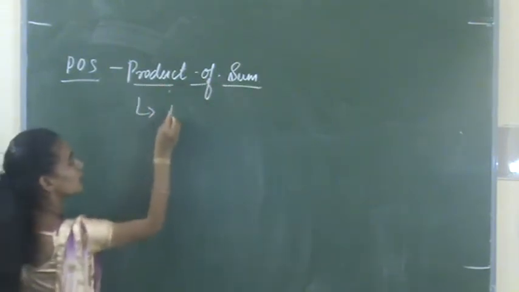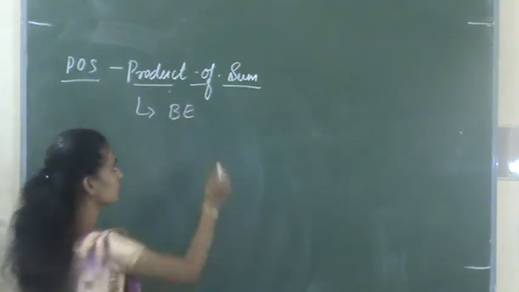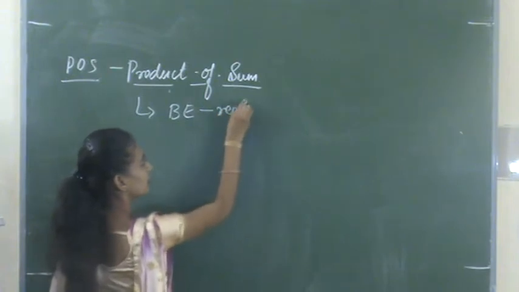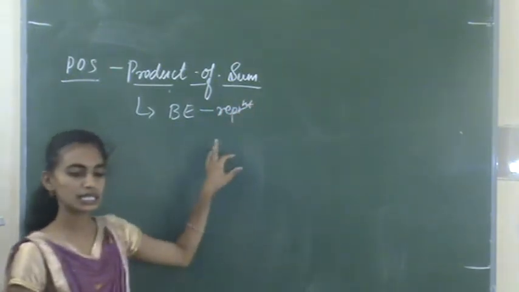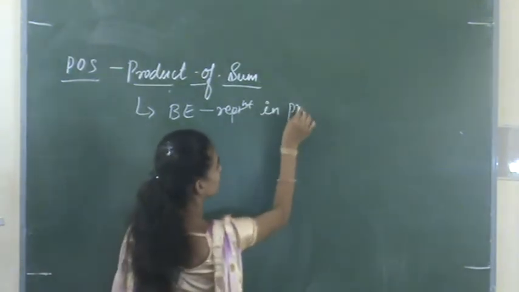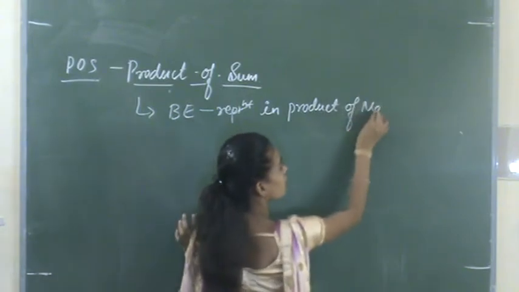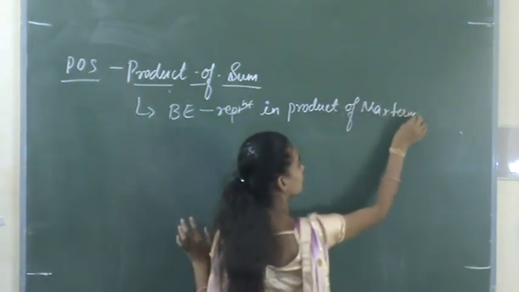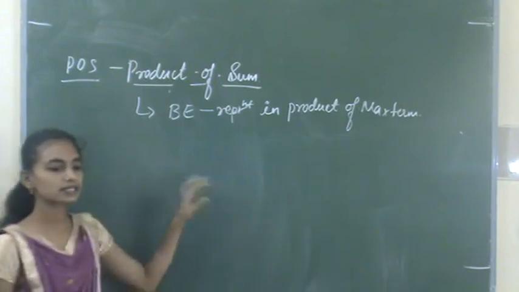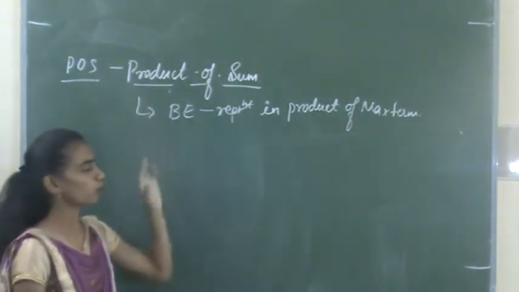When the Boolean expression is represented purely in product of max terms, it is called a canonical POS.